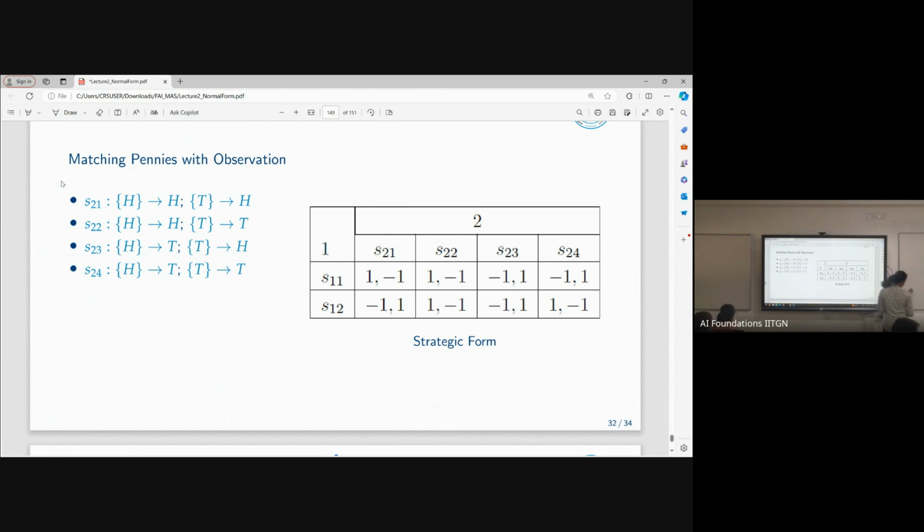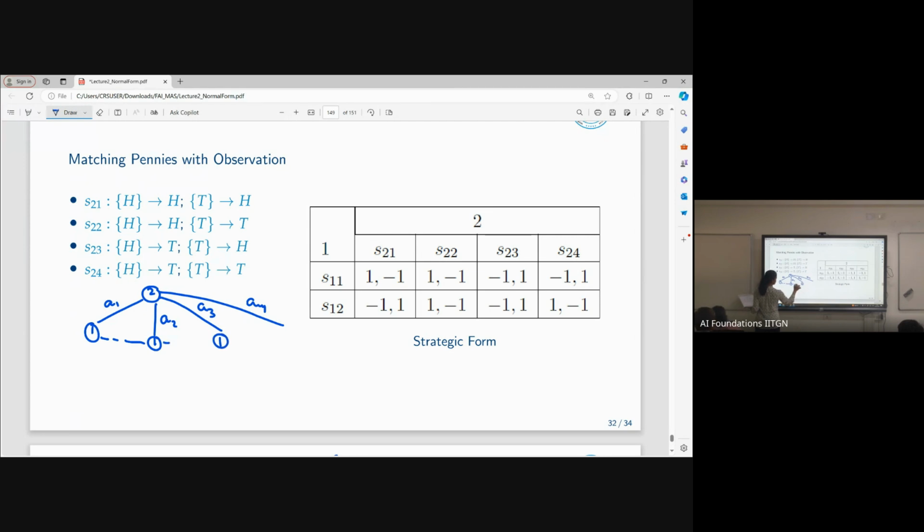Okay. Now I have a different game, where there are again 2 players. Player 2 is taking this action: A1, A2, A3. There are 4 actions that 2 is taking. And for 1, it does not know what action 2 has taken.